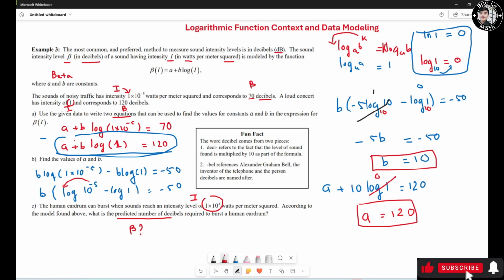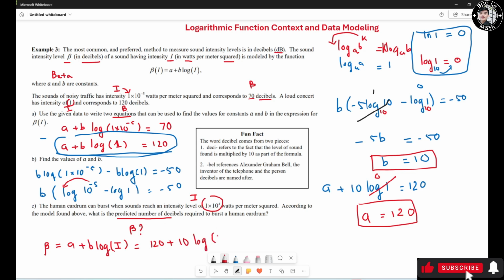So we have the formula right here. It's going to be beta equals a plus b log I. Now we substitute the values for a and b. So it's going to be 120 plus 10 log I, but I equals this one.